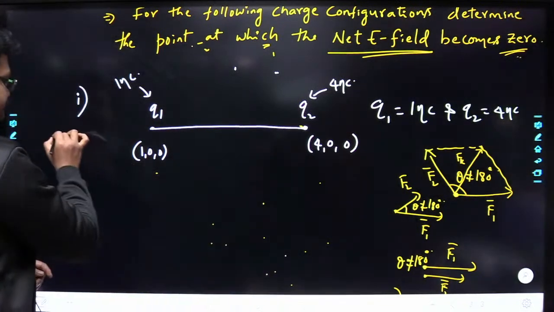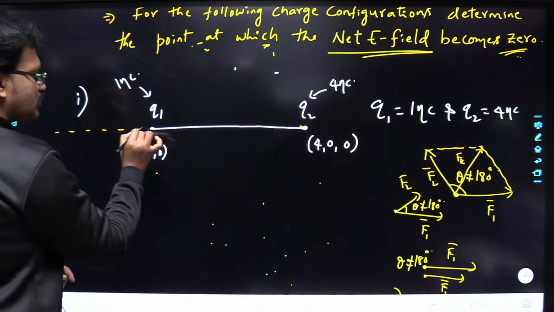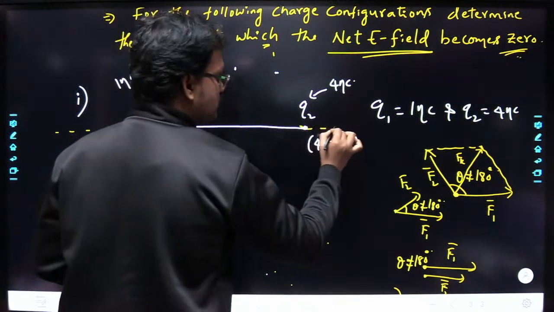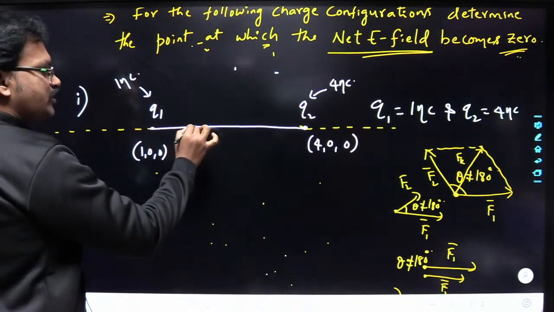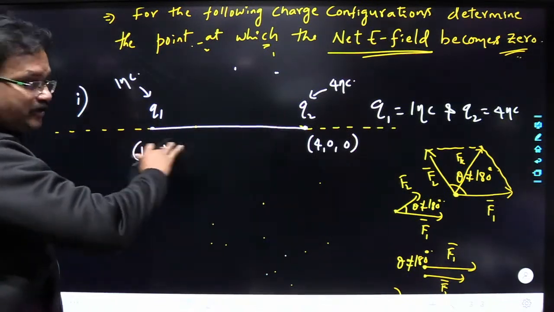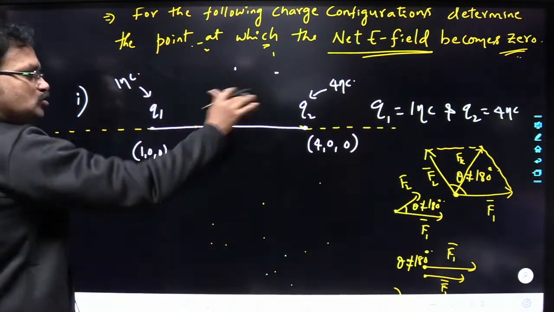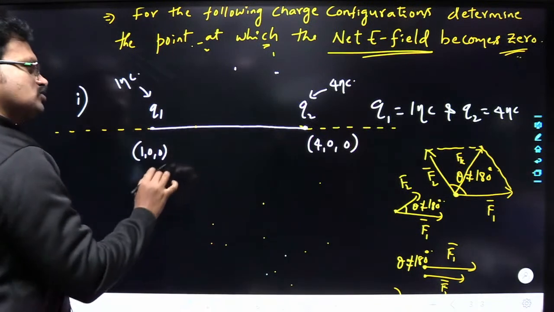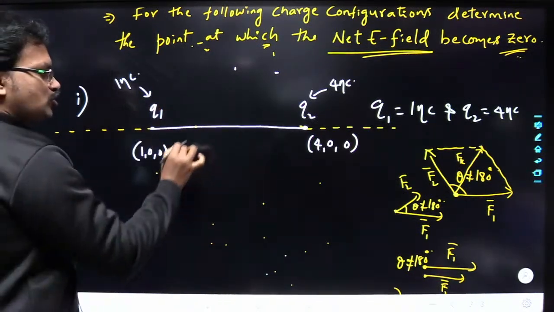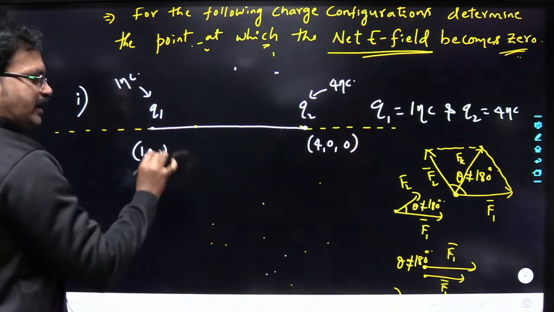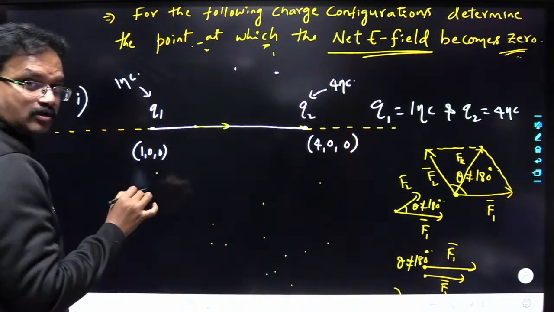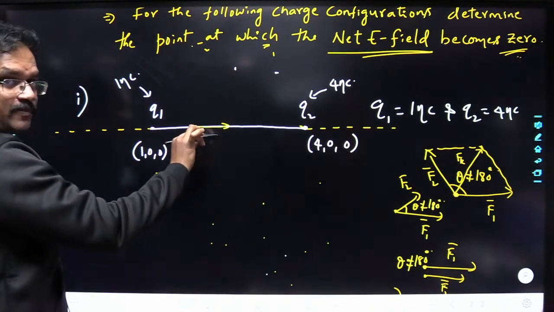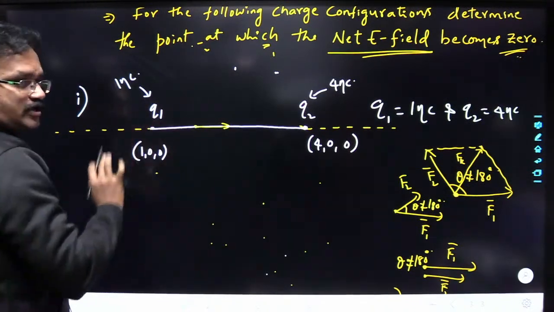Now if you consider some point here, let us assume some point along the line joining the two charges. Due to Q1 at this point, the electric field is going to point in this direction. Always the field line must be away from positive charge.